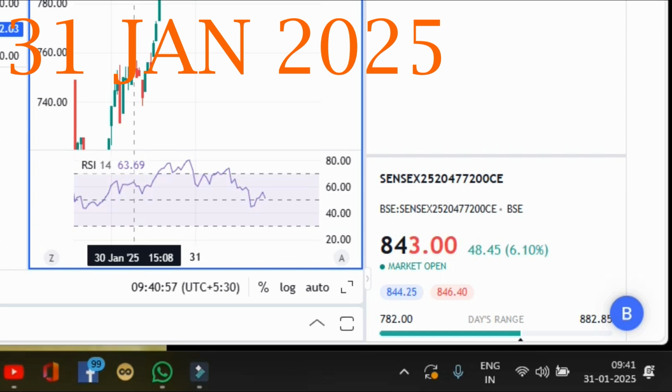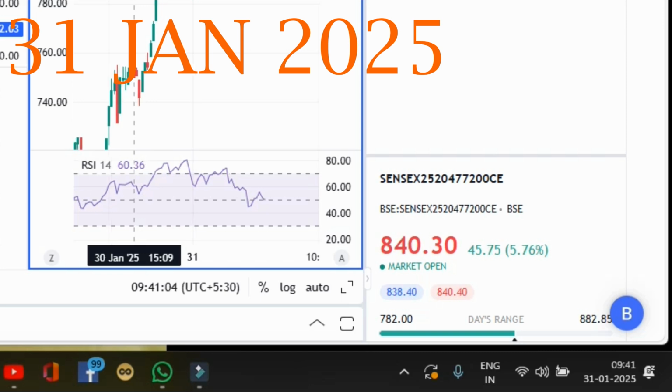Usually on normal days, because of the budget session tomorrow, premiums are high. We usually trade the premiums which are near 500, and on averaging we take another entry at 400, and we take a 100 points move at any cost. That's the strategy.